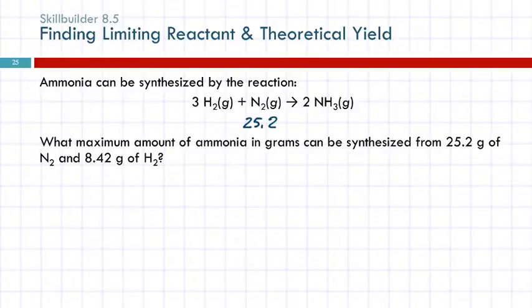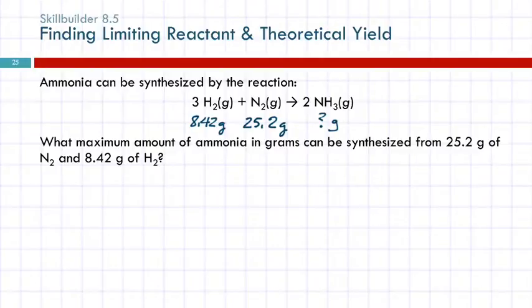25.2 grams of nitrogen. And they're given in an order different than what's in the equation. And 8.42 grams of hydrogen. And then the question, what maximum amount of ammonia in grams? Okay, this is ammonia. You should know that. Question mark, grams.